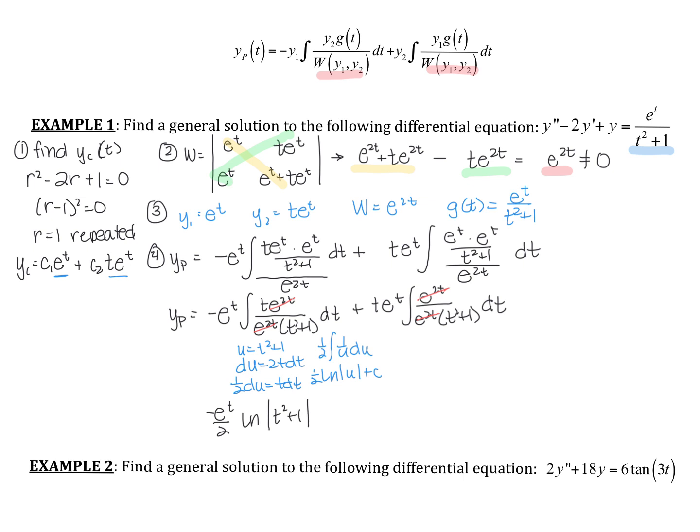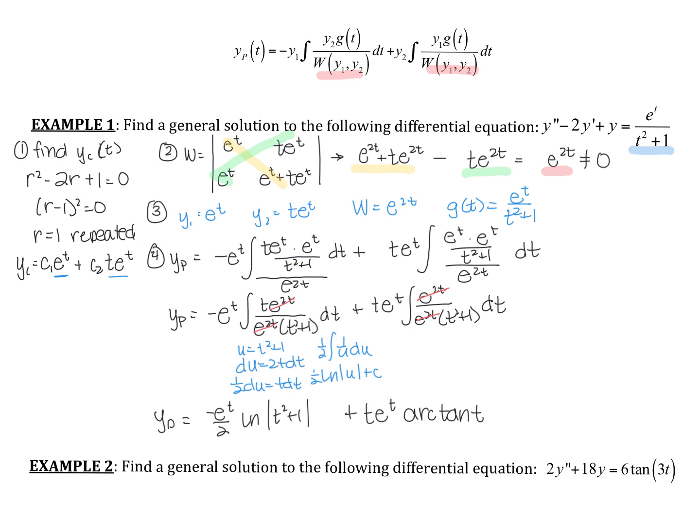And then the second part of this integral, I just have 1 over t squared plus 1, which is the arctangent. So this would be t e to the t arctan of t. And this is my particular solution to this.